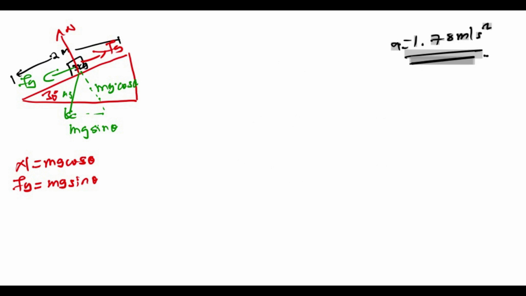Now, the next thing I have to do is, this object is moving in this direction. How many forces do we have which are acting in x direction? So which one is going to carry positive?